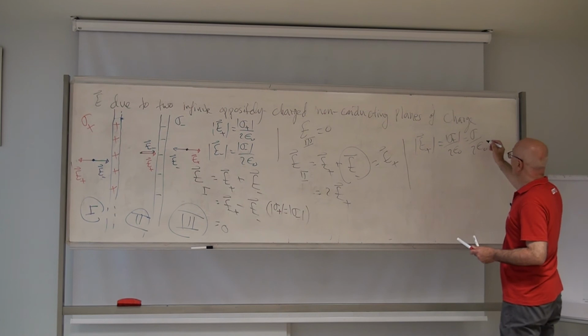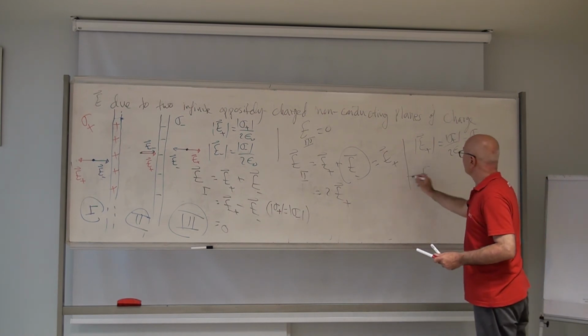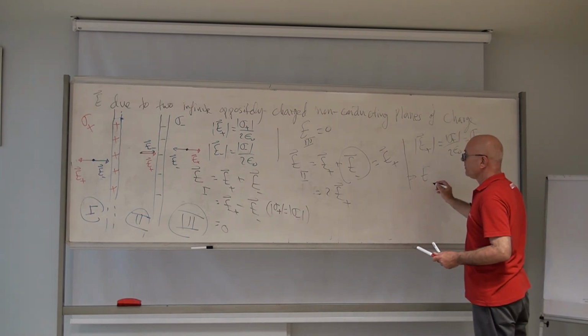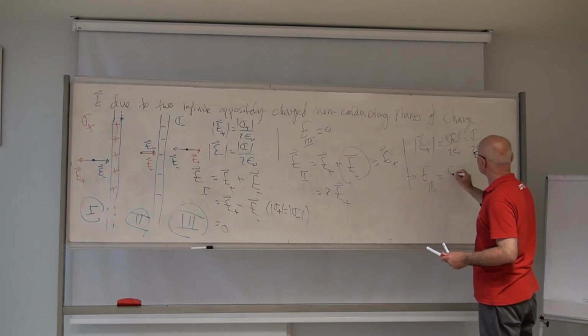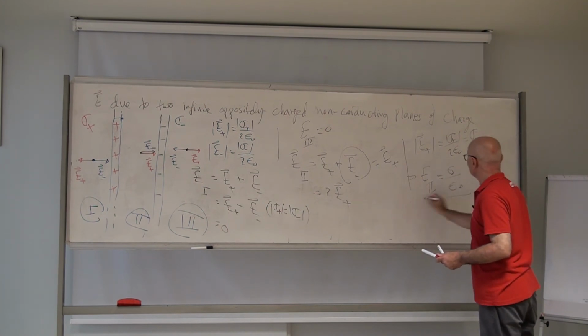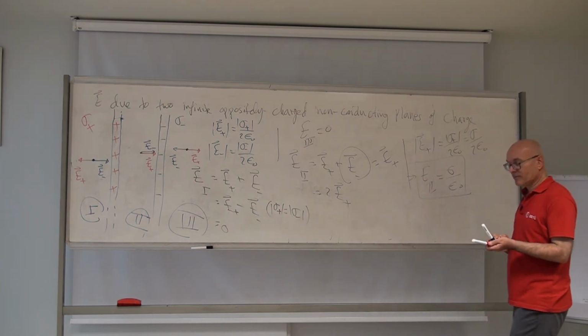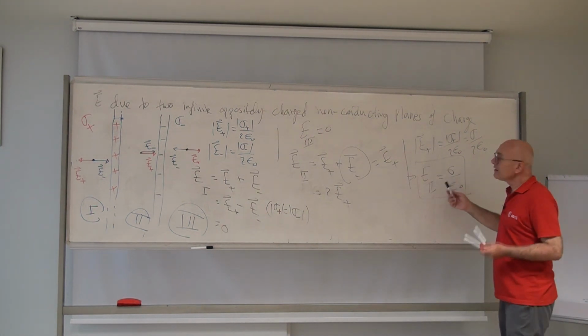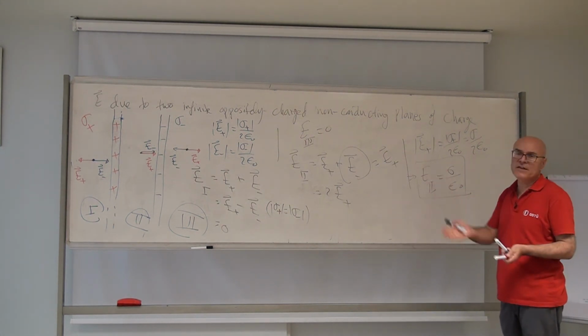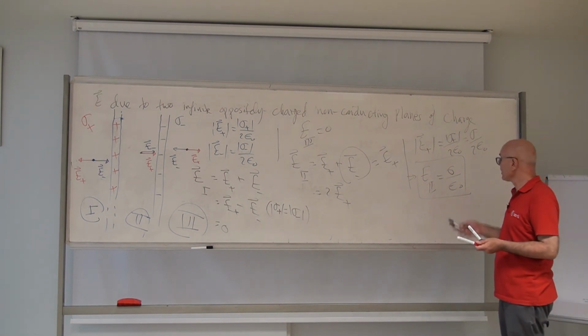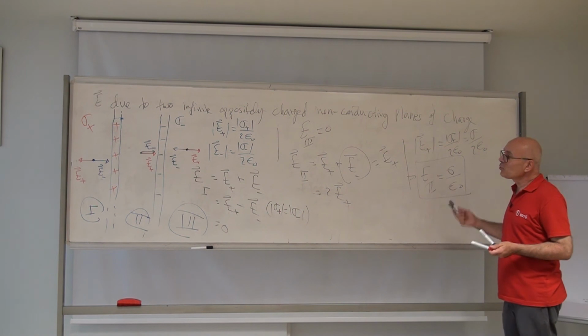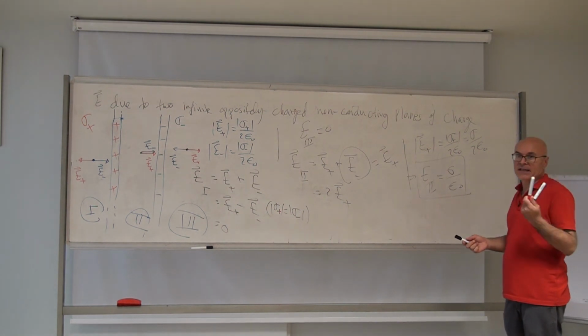And so, as a modulus, E2 is twice this, so it is equal to sigma over epsilon naught. Sigma here is the absolute value of the charge density on any of these planes, because it's the same. So this is twice the field of a single plane.